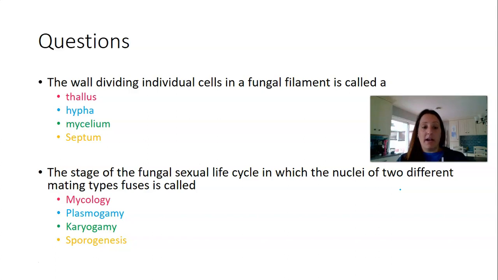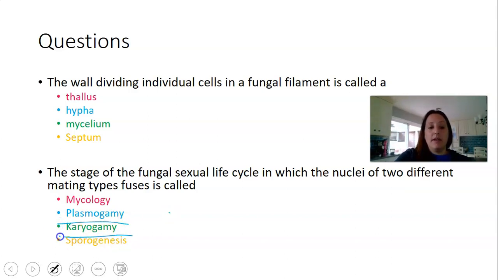Hopefully you answered karyogamy, right? Plasmogamy is the fusion of cytoplasm. Karyogamy is the fusion of the nuclei. And the result of that is going to be the formation of a zygote. So what happens next? Meiosis to produce 4 cells, and sometimes mitosis to produce 8, and those cells become spores.